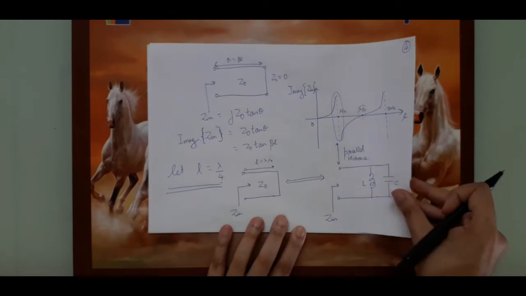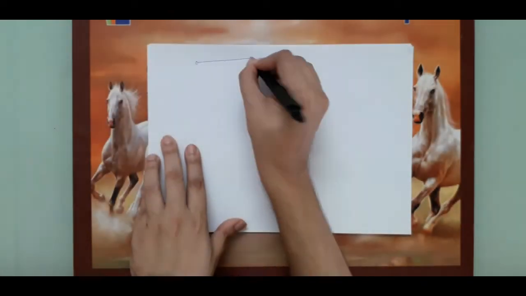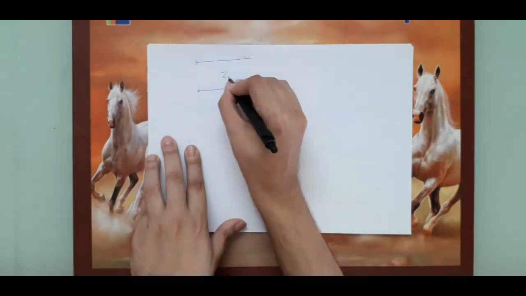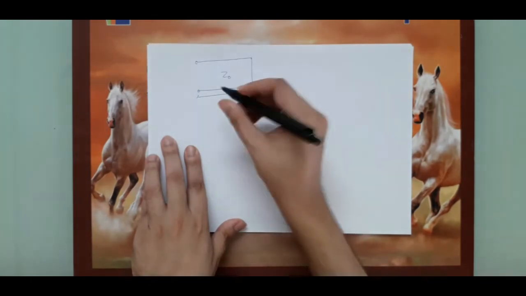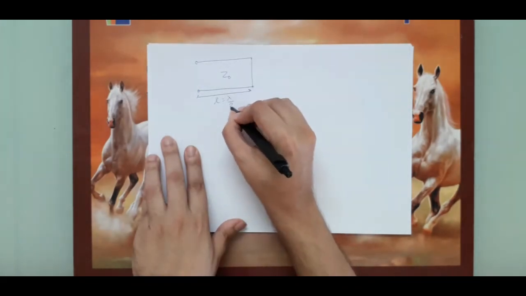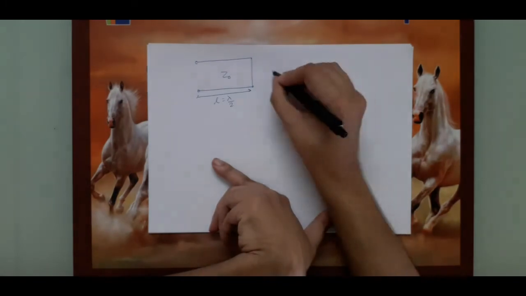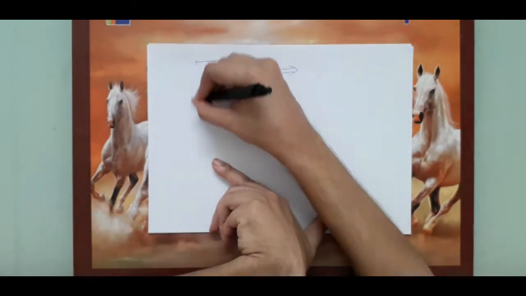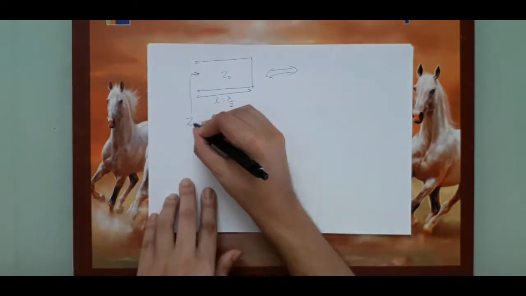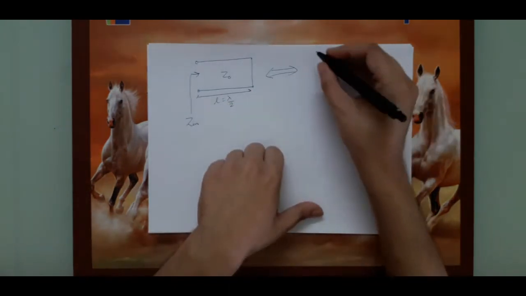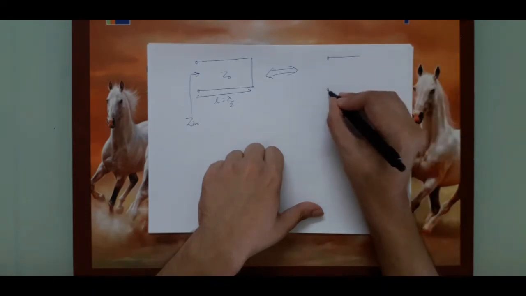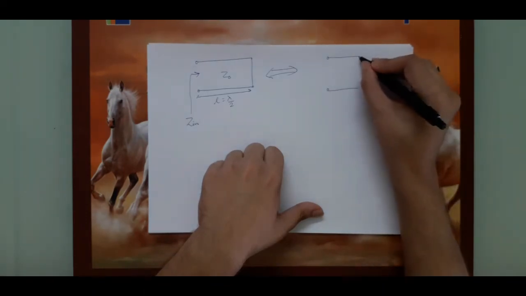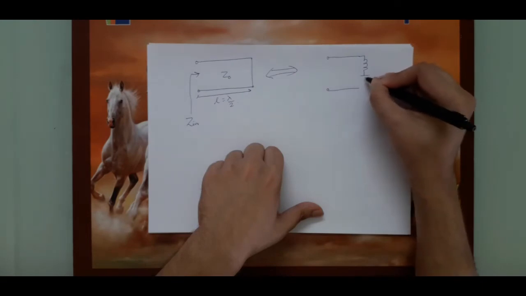So therefore, if I have a transmission line Z0, which is again short-ended and its length is exactly equal to lambda by 2, it is like saying that this exhibits a similar phenomenon to that of a series LC resonance.